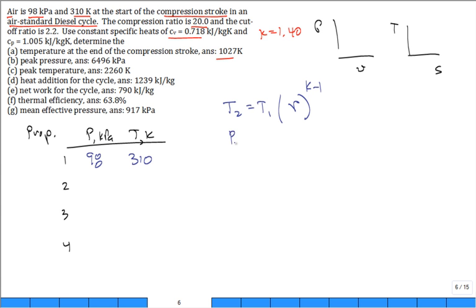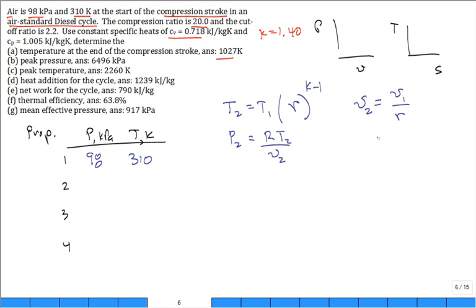How do I get P2? There's two ways at least to get P2. How would you get P2? Yeah, if you have T2, you can always use the ideal gas law. So the ideal gas law would give us that it's R T2 divided by V2. And what is V2? Is it V1 divided by the compression ratio?